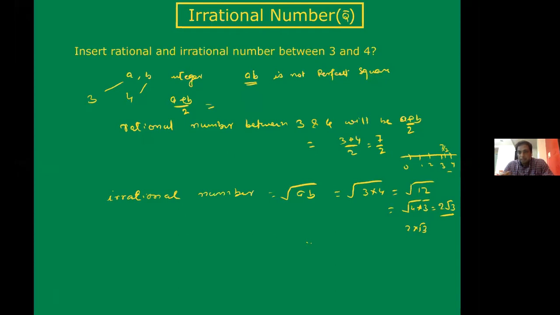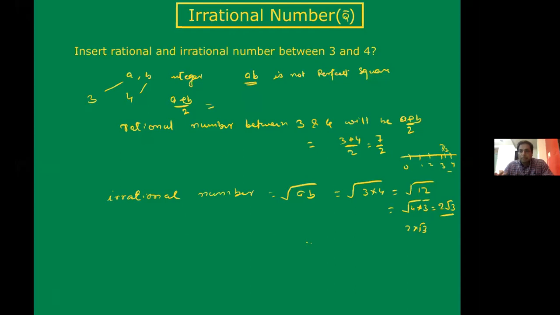A similar example: the non-zero rational number is 2 and the irrational number is root 2. So 2 into root 2 is 2 root 2, which is again an irrational number. And the sum of two irrational numbers can be rational or irrational, depending on the numbers.